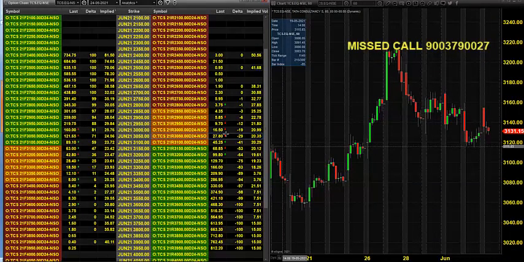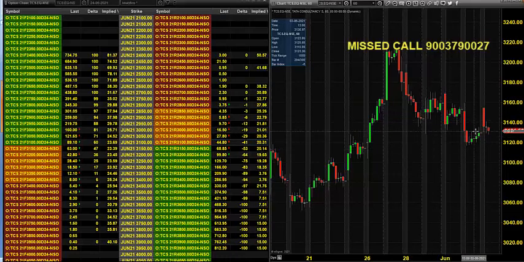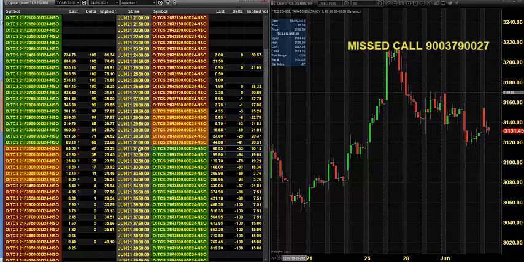Now I have added the option chain for TCS on the left hand side, and on the right hand side you see the chart of TCS shares, and it is a 1 hour chart. That means every single candlestick represents 1 hour, and now TCS is trading around 3131. In the option chain, I have taken this month's 2406 expiry for TCS.